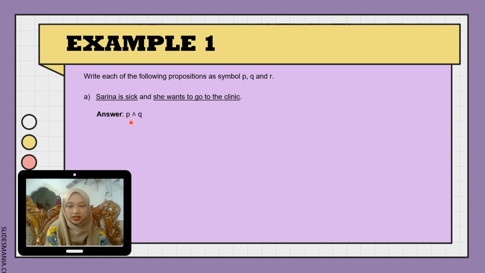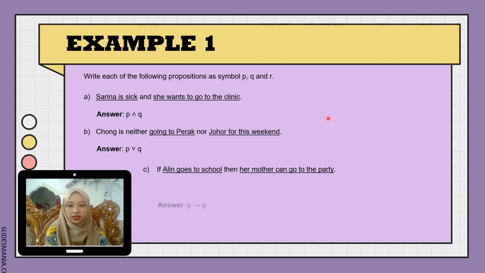So the answer is P and Q. For B, Chong is neither going to Perak nor Johor for this weekend. The P statement is Chong is not going to Perak, and the Q is Chong is not going to Johor for this weekend. So we write it as P or Q because it used or here.